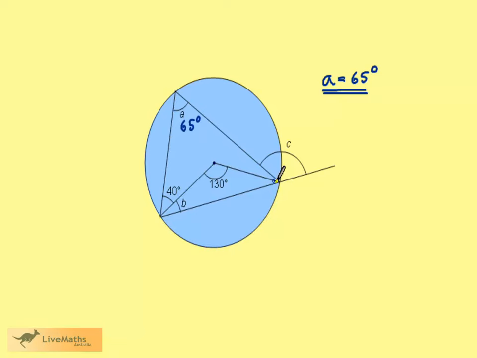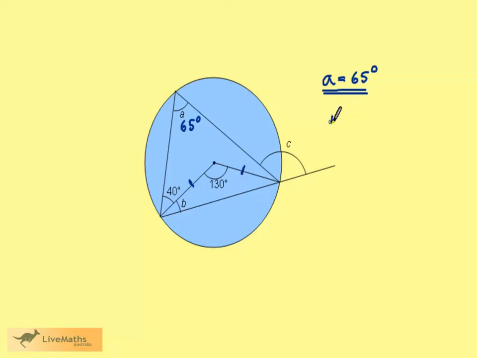Now we need to use another fact. Looking at the triangle, we can see that two of the sides are radii, and we know that radii are always the same length. That being the case, we have an isosceles triangle. The two angles at the bottom must be equal, and the three angles add to 180.